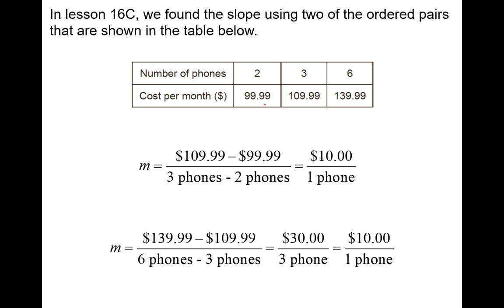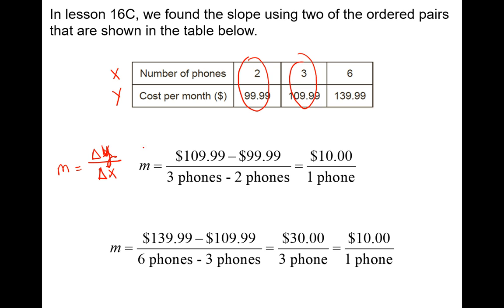Notice we can use any 2 points. If we used the first 2 points, this is x, this is y. This top part is the change in the y value over the change in the x.